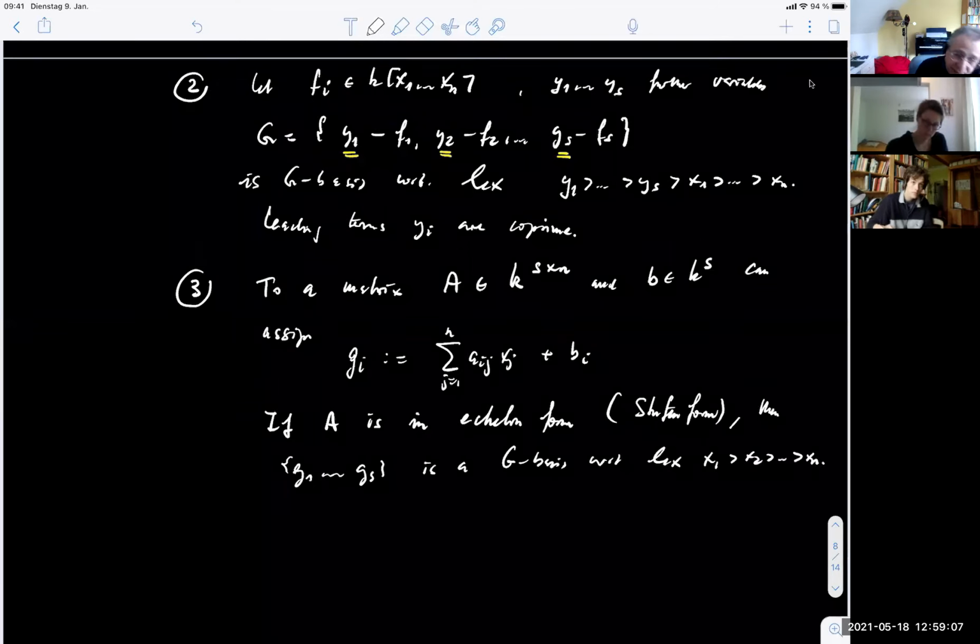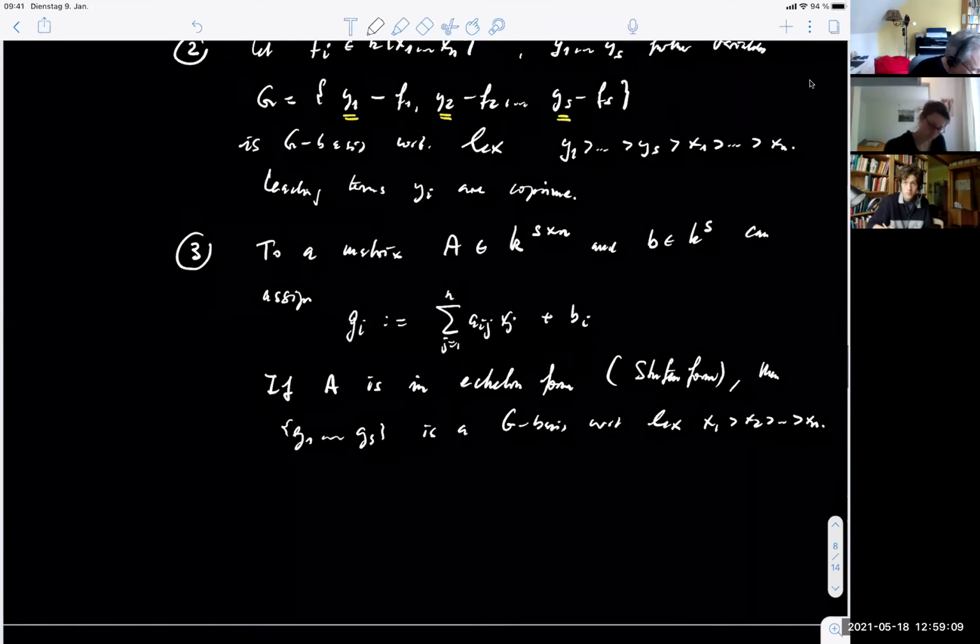The ordering of the variables is given by the numbering. So, a picture: here's my matrix, and it may look like that.